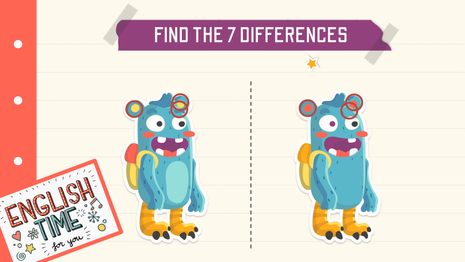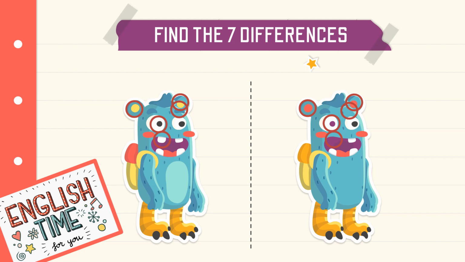And the fourth difference is the color of the right eye. Okay, the monster on the right has different colored eyes. Okay, and the fifth difference is the tooth. Okay, the monster on the right only has 3 teeth.